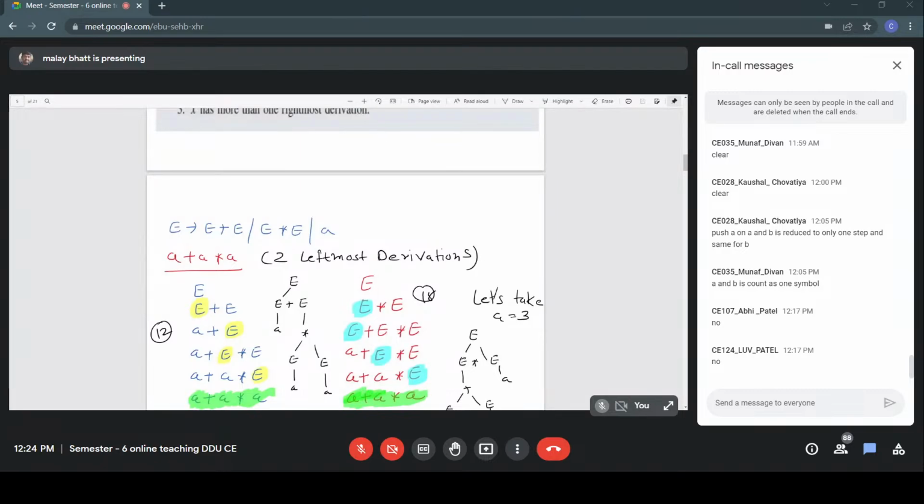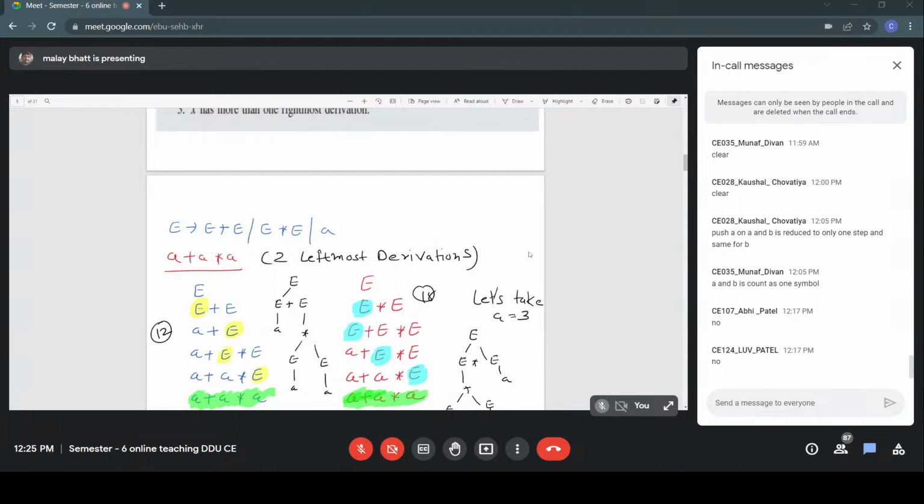Now for the E, we have A plus E into E. Again the middle E is the leftmost non-terminal, so we are writing A plus A into E. Then last we have A plus A into A. So that is how we get one leftmost derivation.